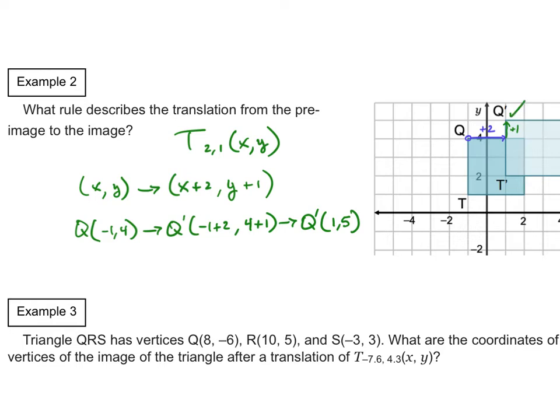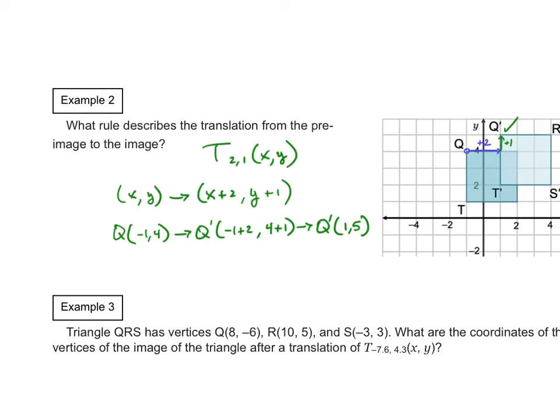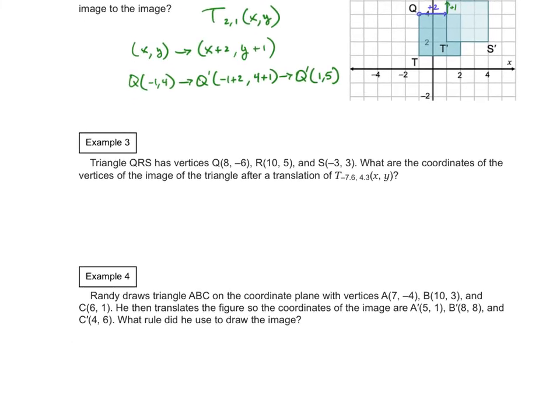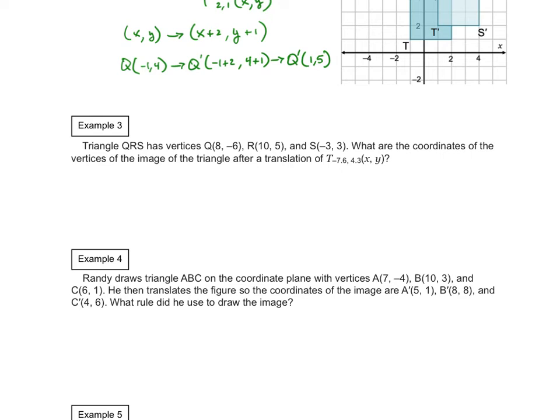So there's a lot of different ways to write that mapping rule or to try to comprehend it. In example 3 here, it says triangle QRS has vertices of these points right here. Okay, the vertices are where my points are going to be.